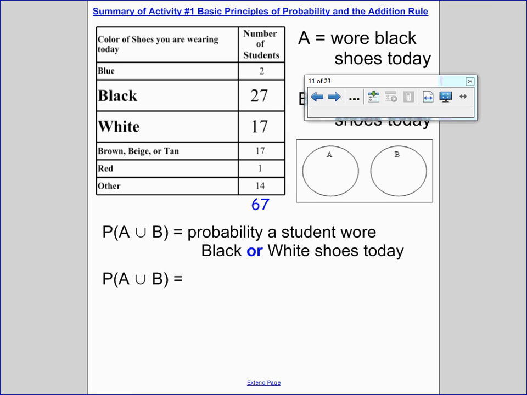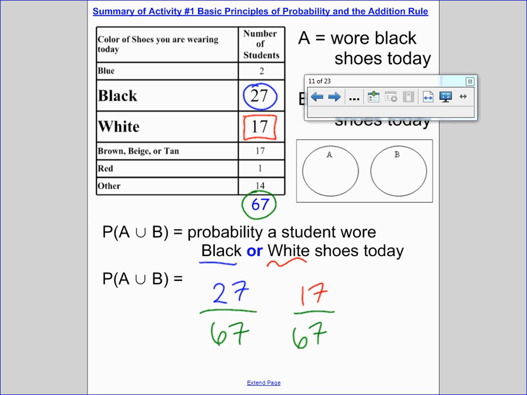Event A, that is the probability a student wore black. Looks like black is 27, and our total is 67, so 27 out of 67. The probability they wore white is 17, out of our total, which is still 67.